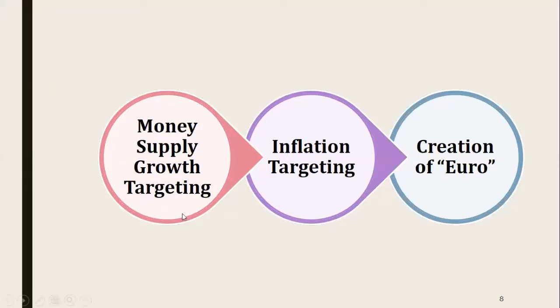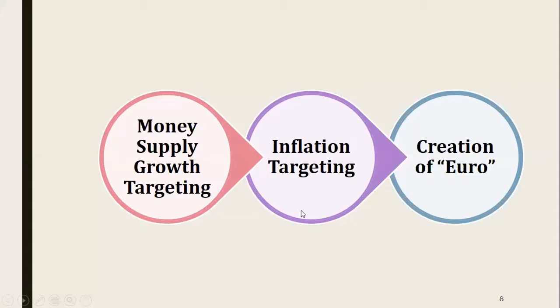So they abandoned money supply growth targeting and switched to inflation targeting. Actually, inflation targeting was introduced in New Zealand in 1989.